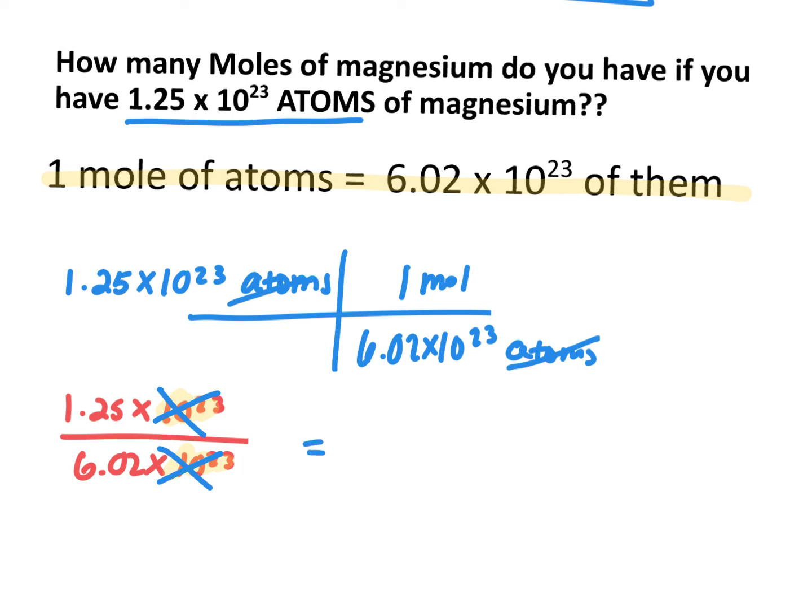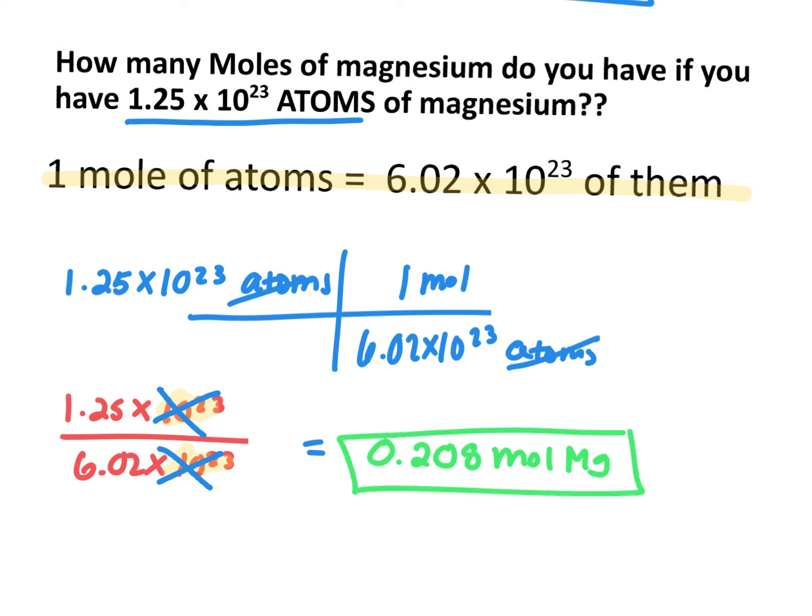When I do that in my calculator, I'm given an answer of 0.208 moles. What's nice about doing it that way is that you don't have to worry about as many errors, because sometimes you might type in your 10 to the 23rd incorrectly. So if it's the same, you can cancel it out just by doing your simple math, because exponents divided by each other are subtracted.